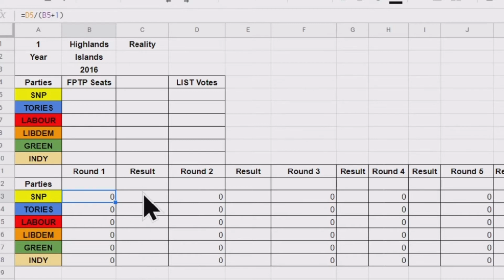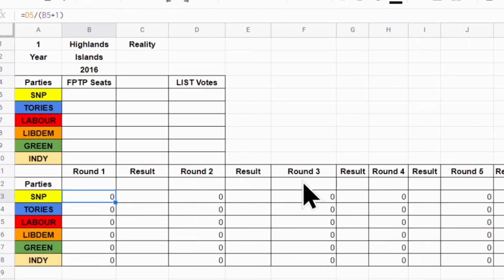Now the basic equation for the D'Hondt calculation is the total list votes divided by the first past the post seats plus 1. That would give you the equation for round 1. Round 2 would be the list votes divided by the first past the post seats plus 1 plus whatever seat they won in the first round. And then it would continue like that, adding on any additional seats to go into the divisor for the calculation.